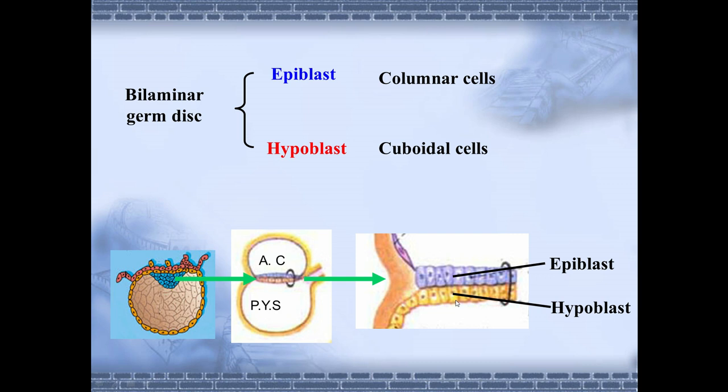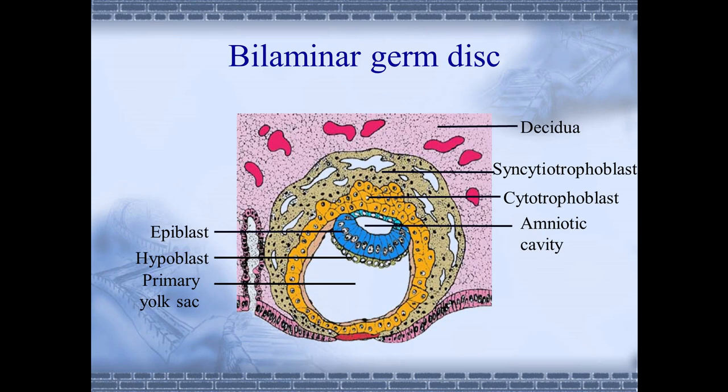Columnar, cuboidal, epiblast, hypoblast. The cavity above, that is the epiblast, is the amniotic cavity, and below the hypoblast is the primary yolk sac. We can see one more diagram in which we can see the epiblast, hypoblast, amniotic cavity and the primary yolk sac.